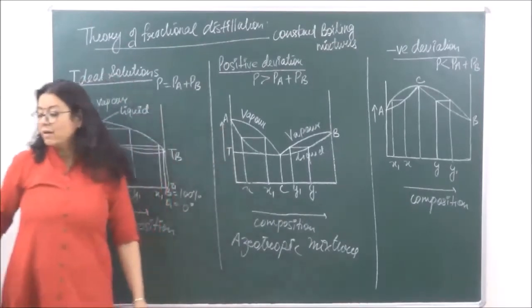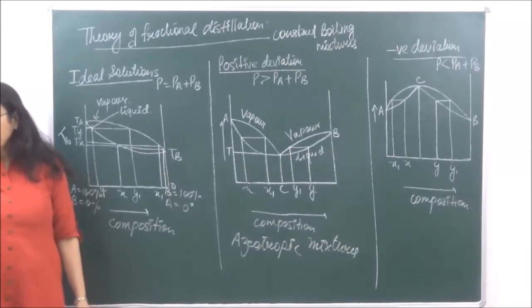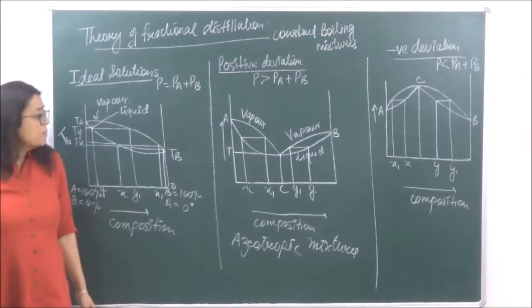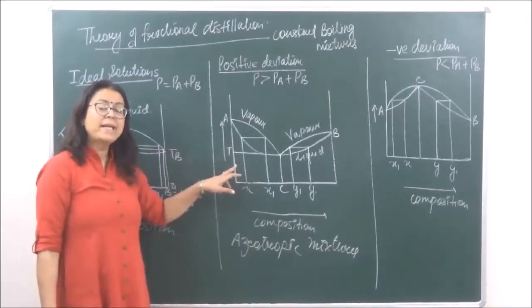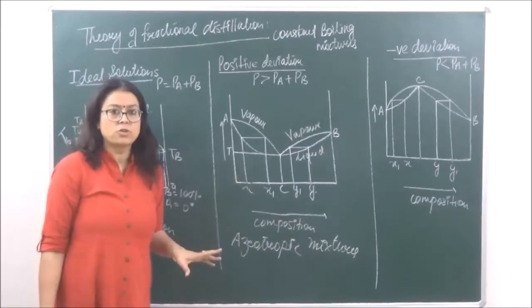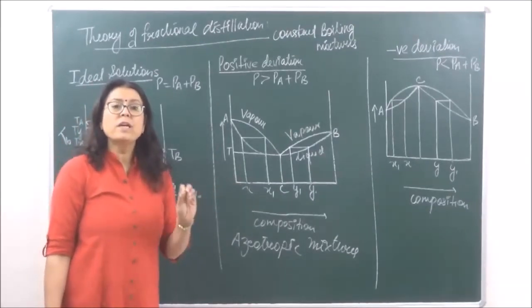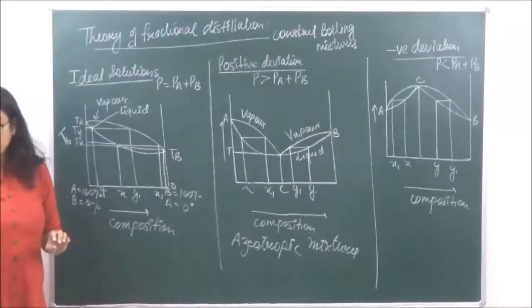Let's understand the graph over here. When we are talking of the graph over here, we say that at point C, the temperature T is reached, right? And at temperature T, there is going to be no change in composition. The composition is going to be fixed. Okay. Now let's understand what's happening over here.